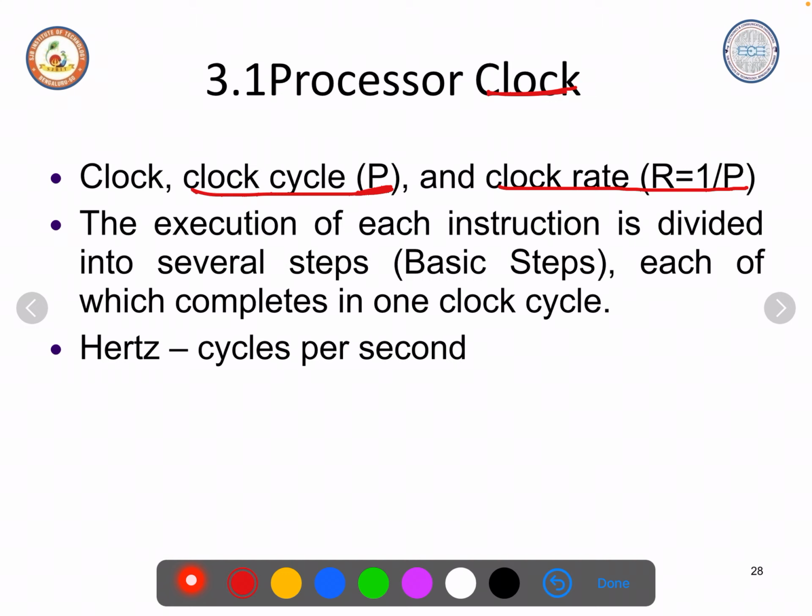So the clock cycle is represented as P, whereas the rate at which it is performing is 1 by P, which is measured in terms of cycles per second, or what we also call the clock rate, frequency in hertz. So the execution of each instruction is divided into several basic steps, each of which will be completed in one clock cycle.